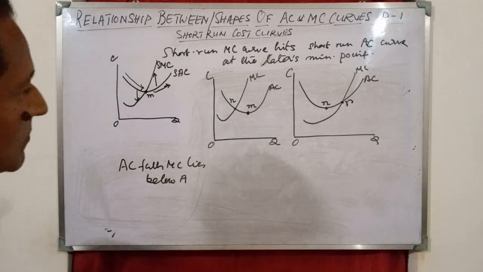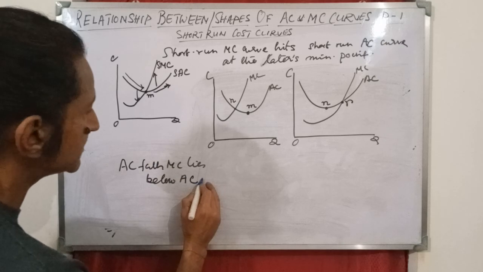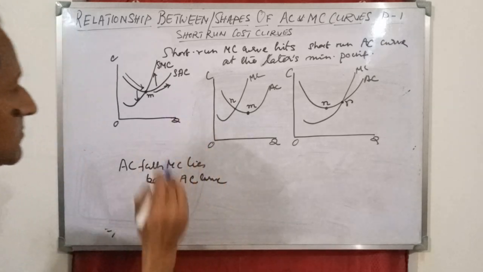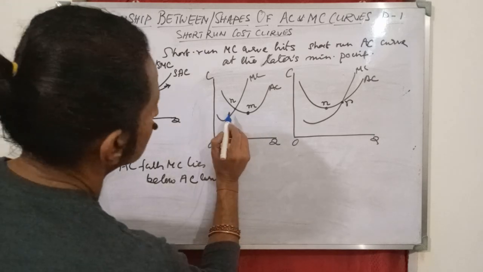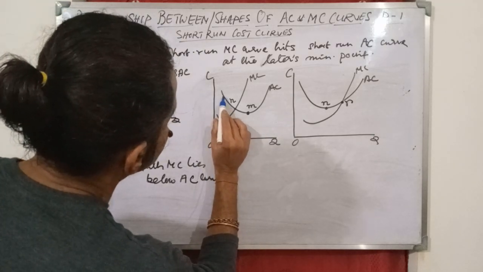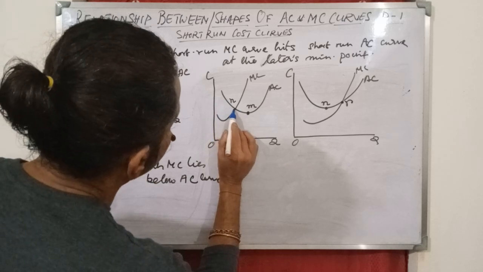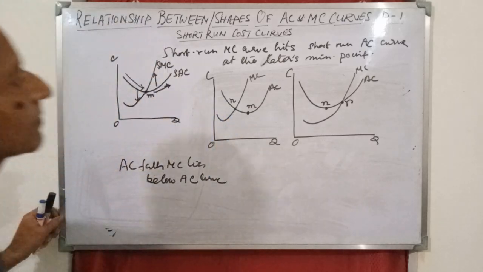AC falls, MC lies below AC curve. Now you see, it is okay. AC is falling, MC is below AC. No problem here.